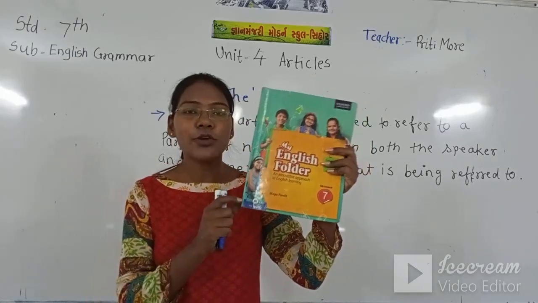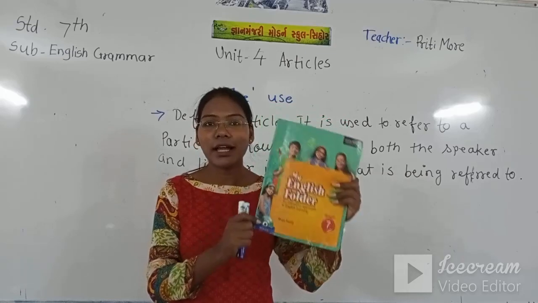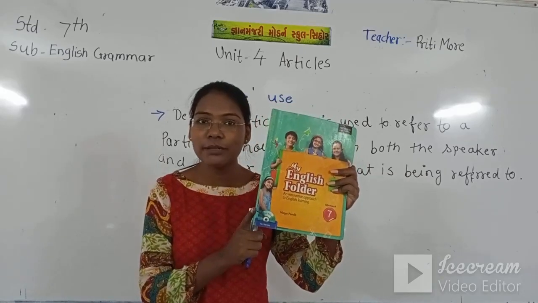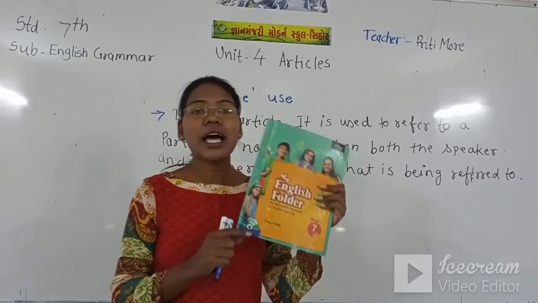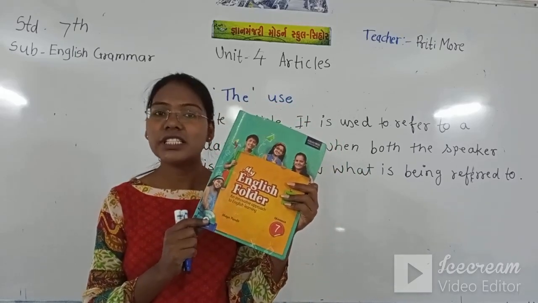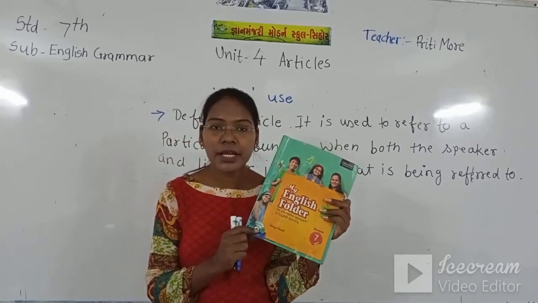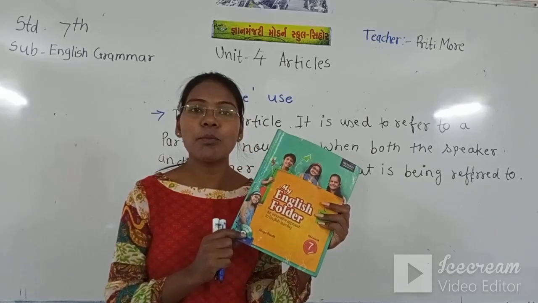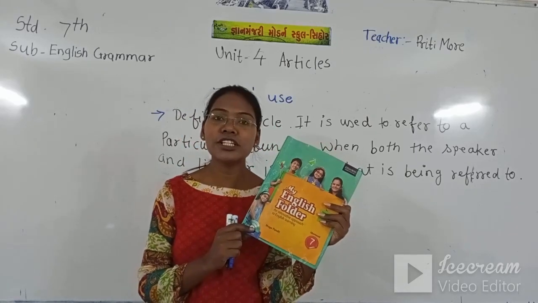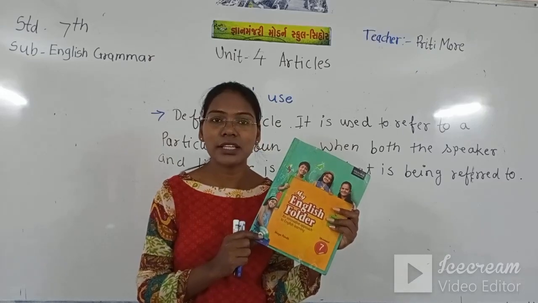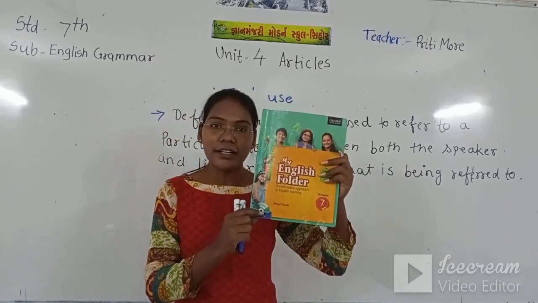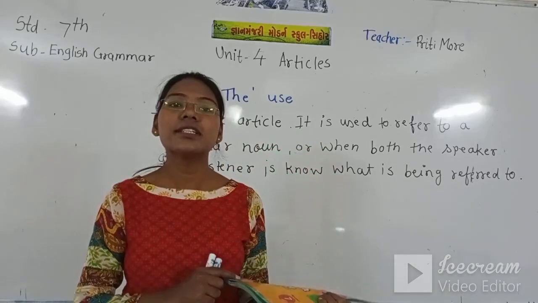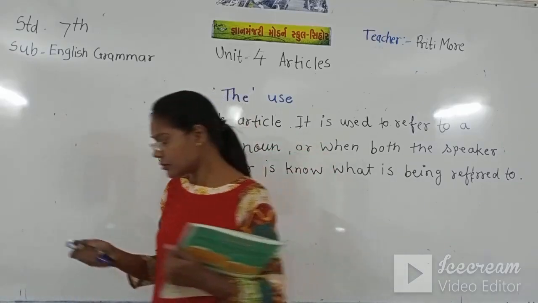That means we are knowing about this GE book. That time we use before the GE book the article the, because we are familiar with this GE book. When the speaker and the listener both are aware, both are knowing about the particular thing, that time we use the article the.